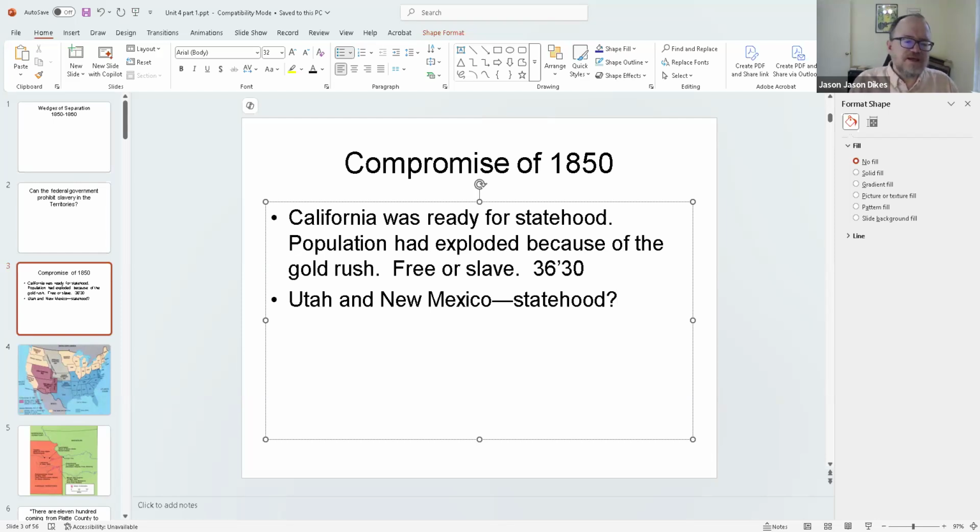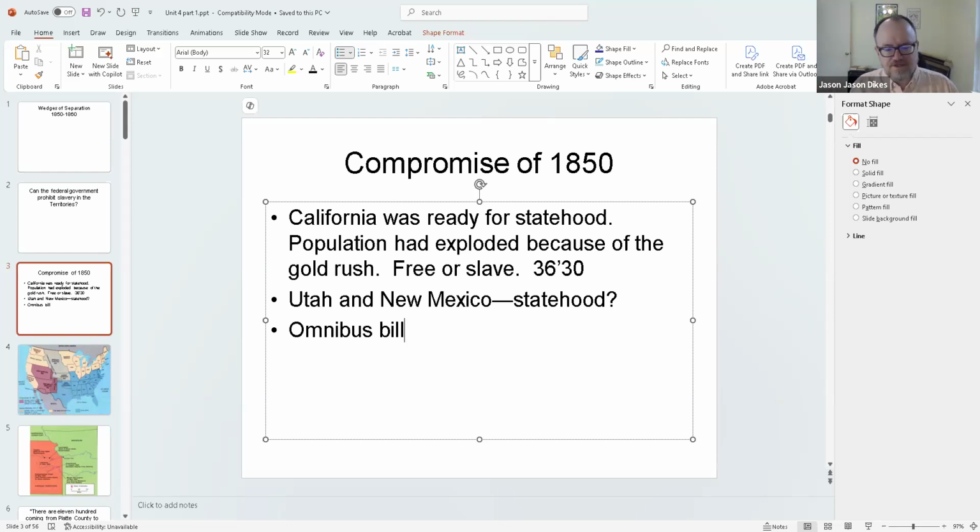Rather than try to debate these issues one at a time, it was simply decided to take these issues and a few other issues and kind of jam them onto what is called an omnibus bill, where you kind of take, it's like cooking stew.